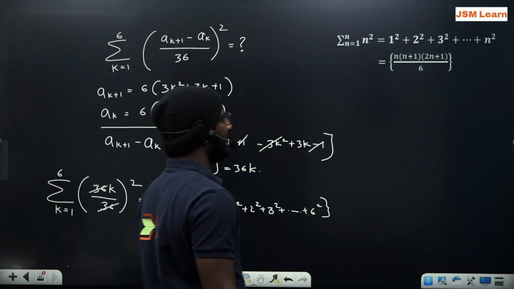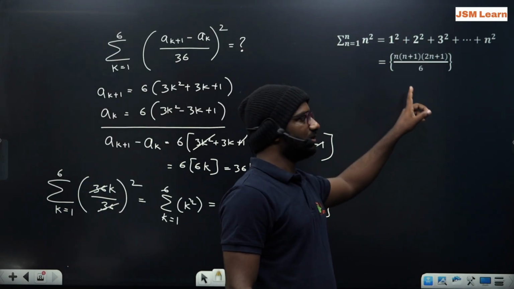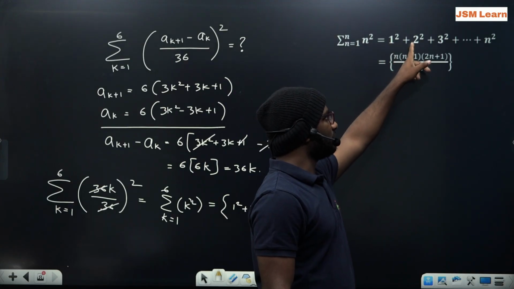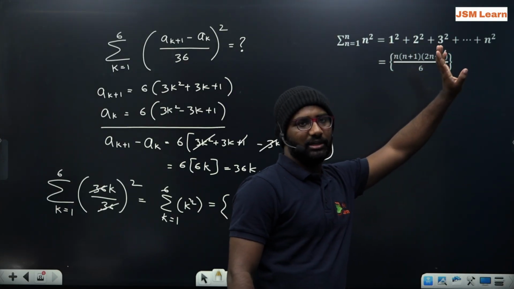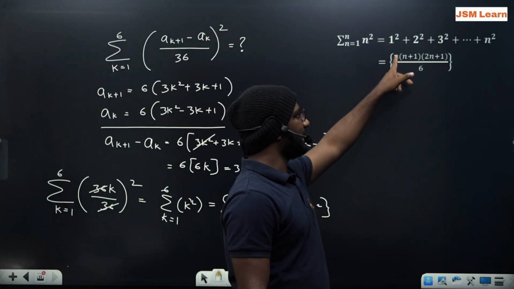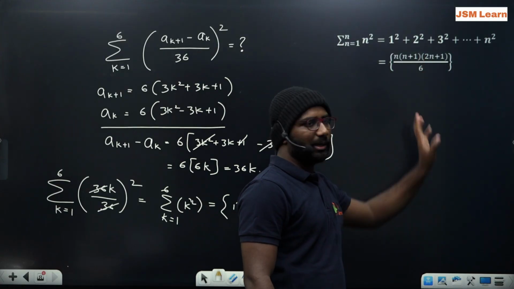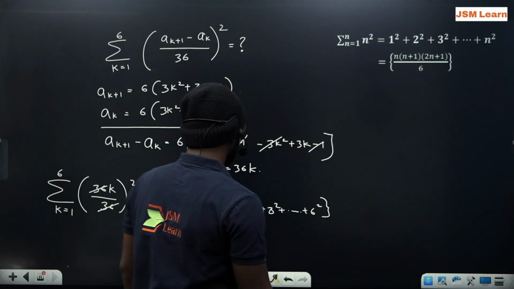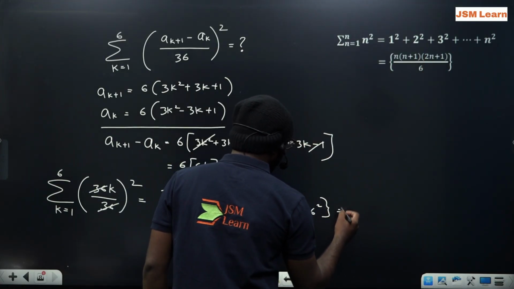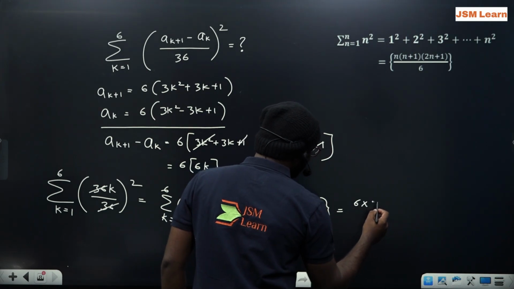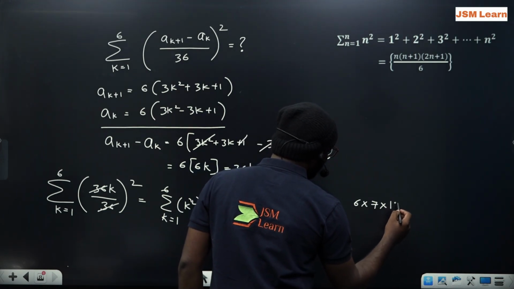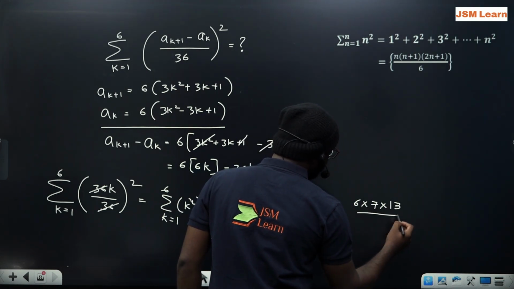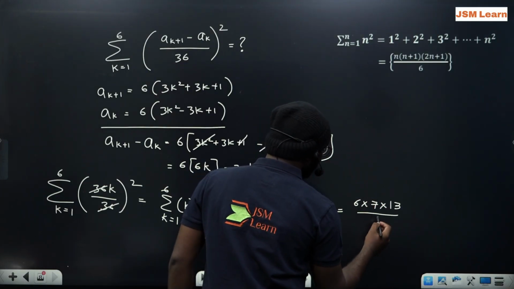We know the formula sigma n square, which means 1 square plus 2 square plus 3 square up to so on n square, is equals to n into n plus 1 into 2n plus 1 by 6. On substituting 6 in this formula, we will get 6 into 7 into 13 by 6.